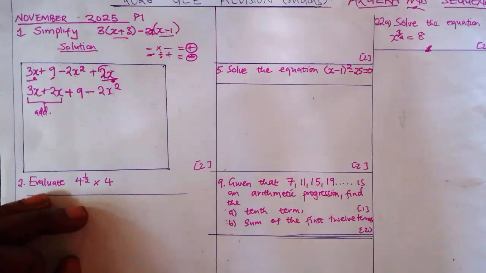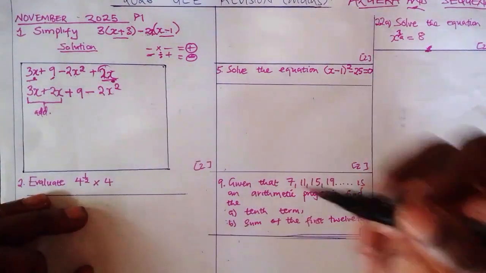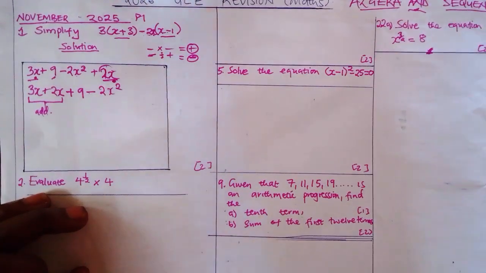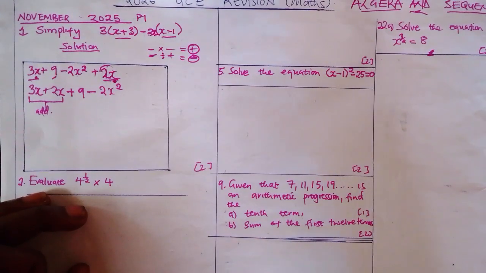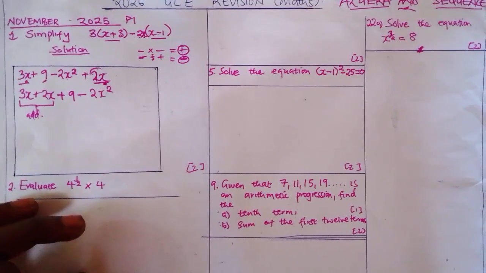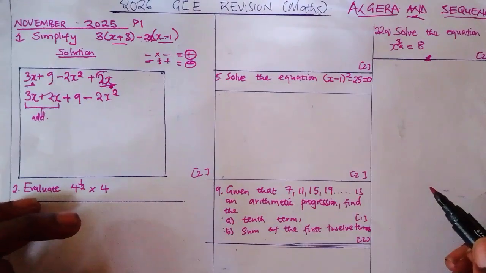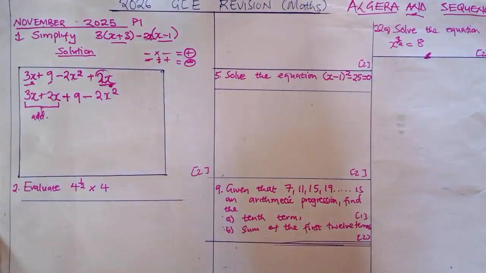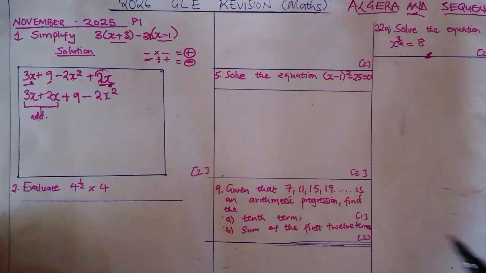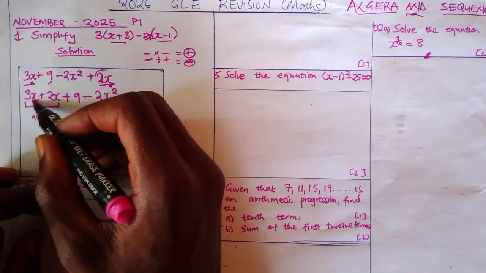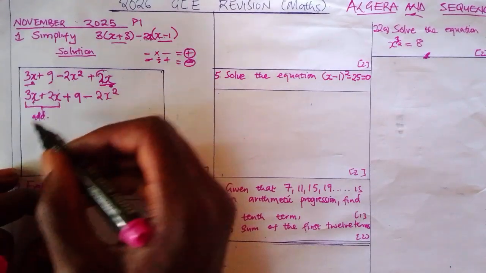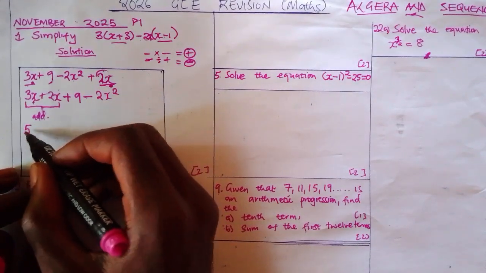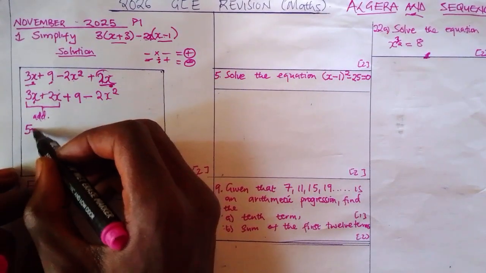Again, this is where students get the question wrong when adding. Remember, we add numbers, not letters. So again, I repeat, we add numbers, not letters. Here, x is just x. So you just say 3 plus 2, we have 5. Then you just pick one x.